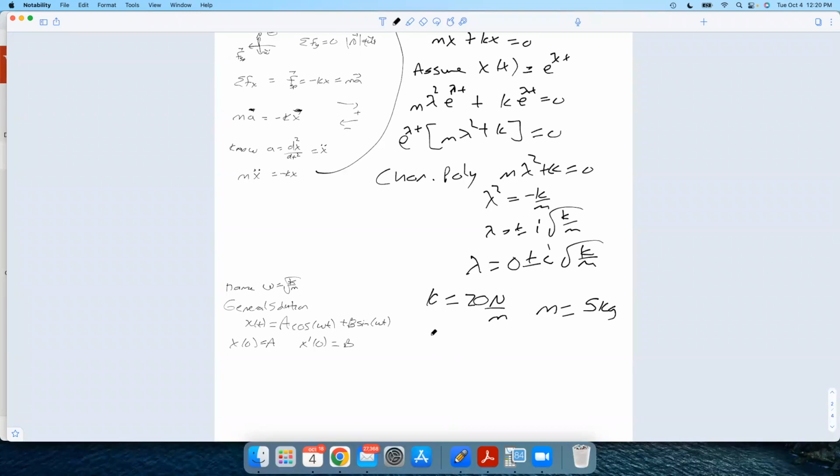Then my initial DE would have been 5x double prime or double dot plus 20x equals 0. I could just divide everybody by 5 here if I wanted to, or I could leave it like this. My characteristic polynomial is 5 lambda squared plus 20 equals 0. That's lambda squared is -4, which implies lambda is plus or minus 2i.